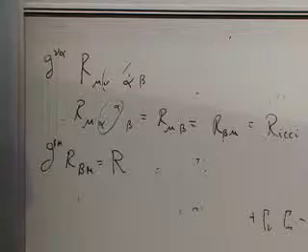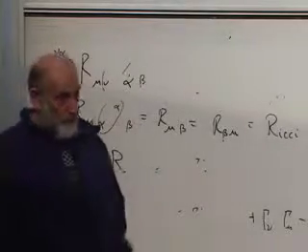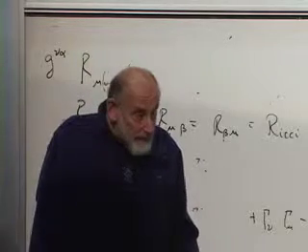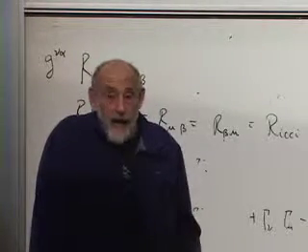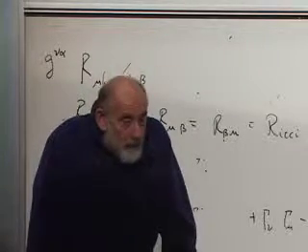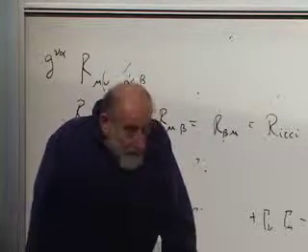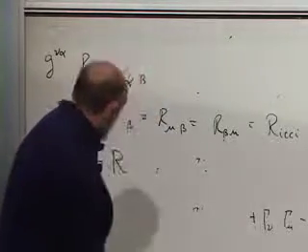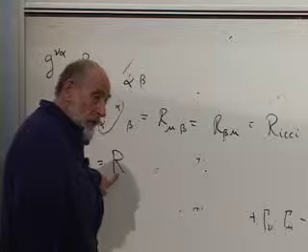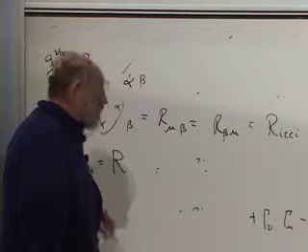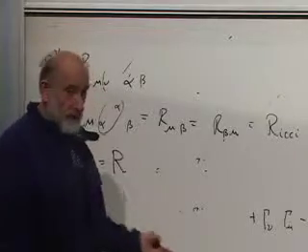It's just called the curvature scalar. If the curvature scalar is not zero, the space is curved. But if the curvature scalar is zero, it doesn't mean that the space is not curved. Any component of the curvature, if it's not zero, the space is not flat. But you can have situations where the curvature scalar is zero, even though the components of either the Ricci or the Riemann tensor are not.